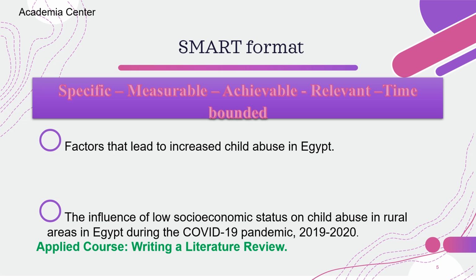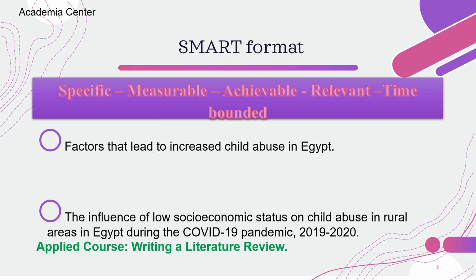And when will they do this? 5 years ago, 10 years ago, will you do it retrospectively or prospectively, a cohort study, or what is it? So this title is vague. It is good for a review, if you want to review the literature. However, even in a literature review, you have to be more specific.